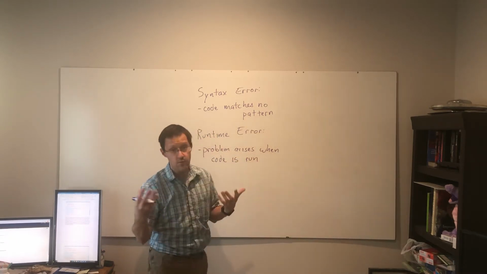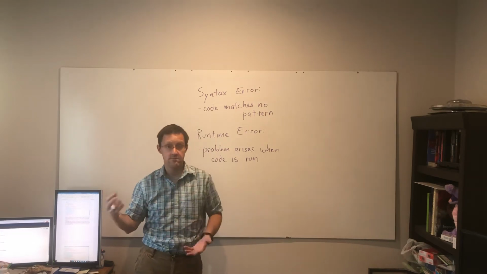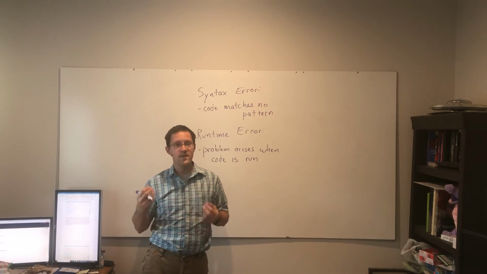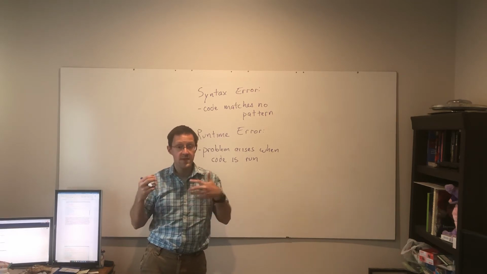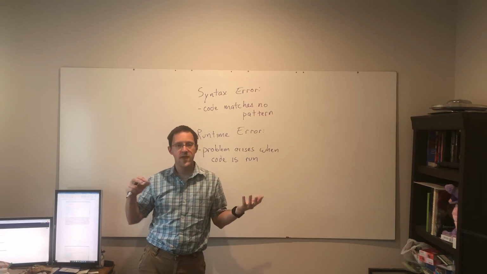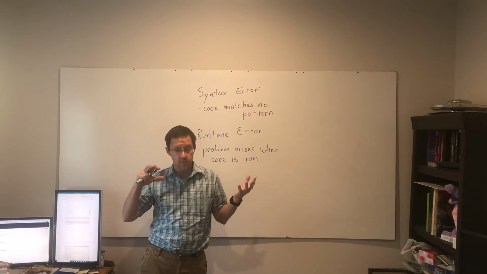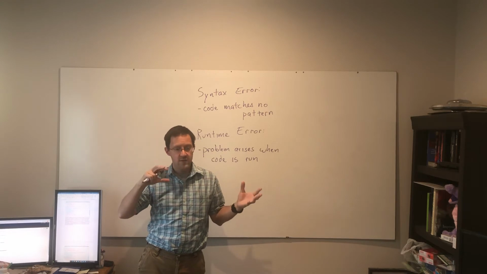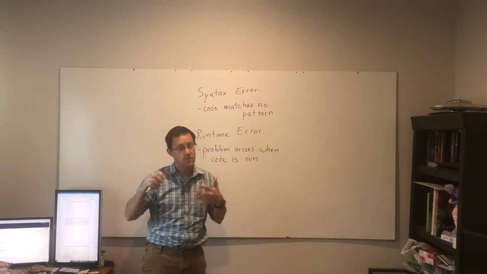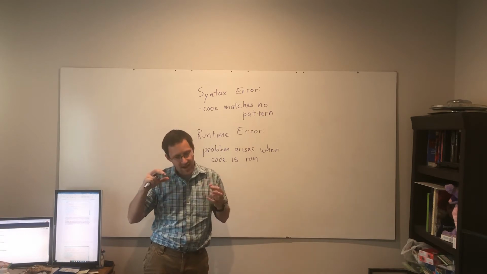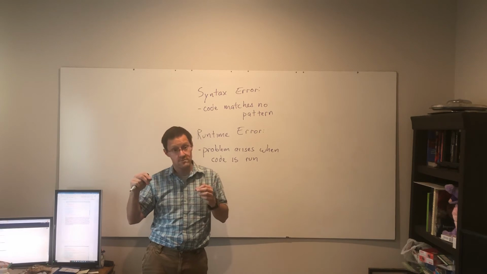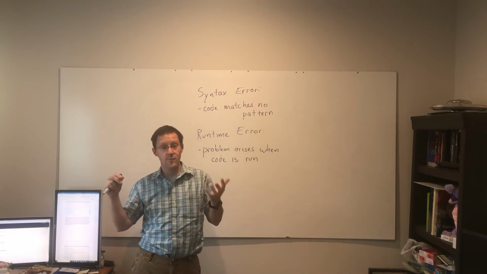The problem arises at the time the code is run, therefore it is a runtime error. A common example could be a conditional statement where you say if x equals false, and x is not Boolean. You might have a problem. You could have a type error.